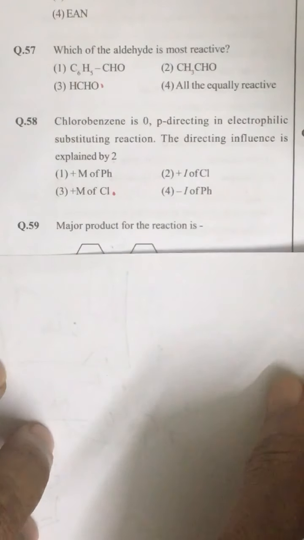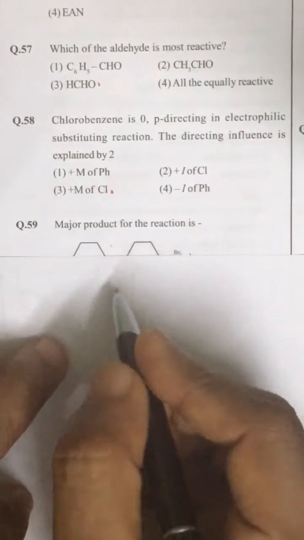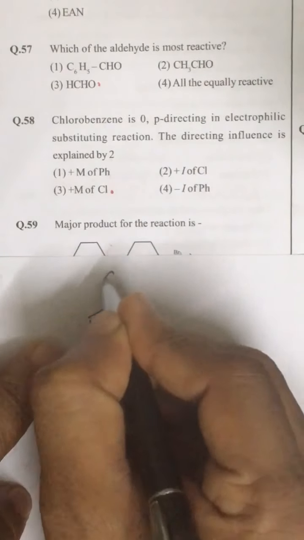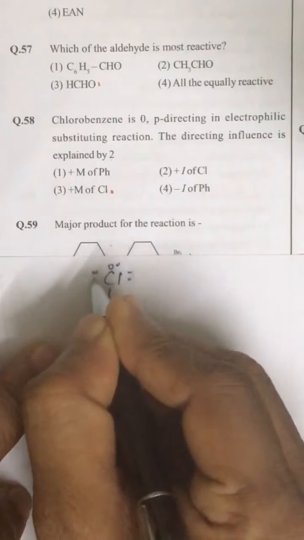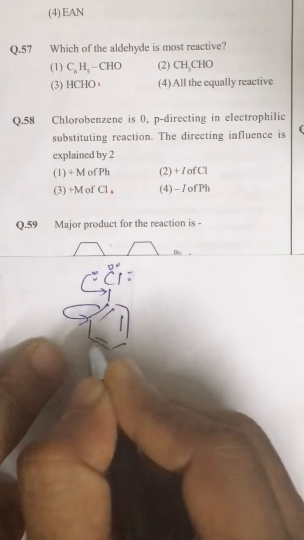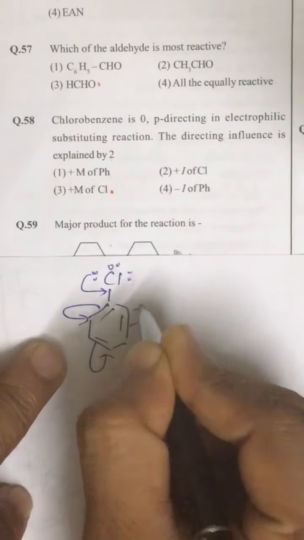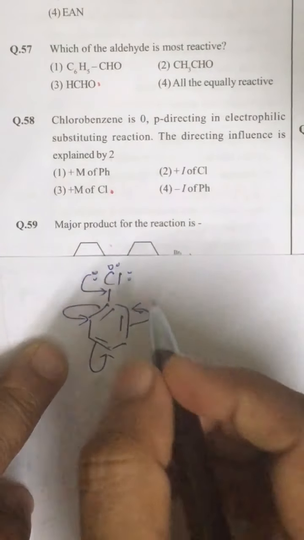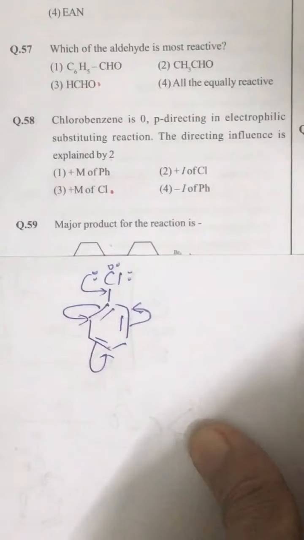It is true. The reason is this is due to the +M effect of chlorine. Due to the +M effect of chlorine, the ortho positions and para position, these three positions become electron rich. Alright. So it is due to the +M effect.